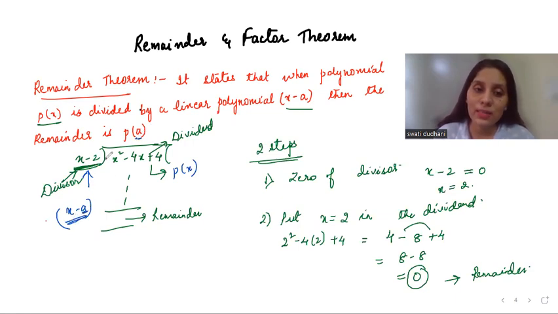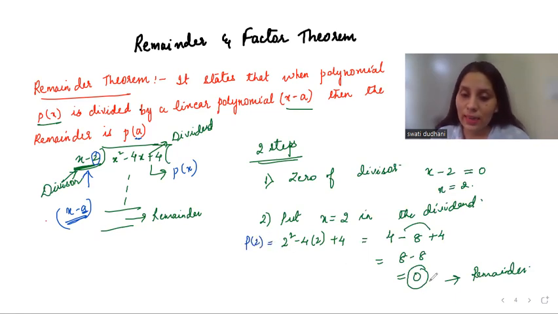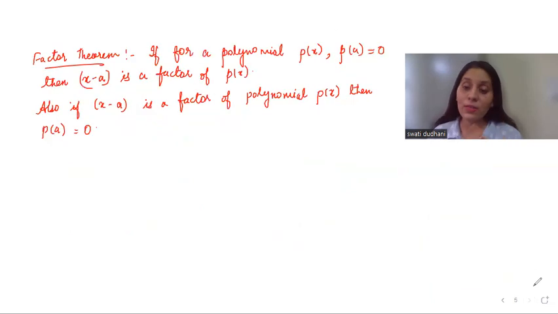Here a is basically 2. So when I substitute 2 in my polynomial, this is p of 2. The end result that I get is the remainder. So it's very easy. First step is find the zero of the divisor and the next step is substitute in the dividend.